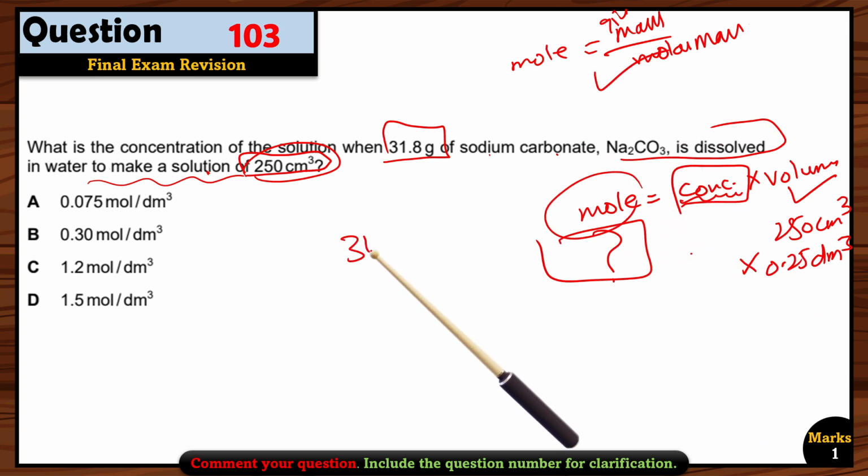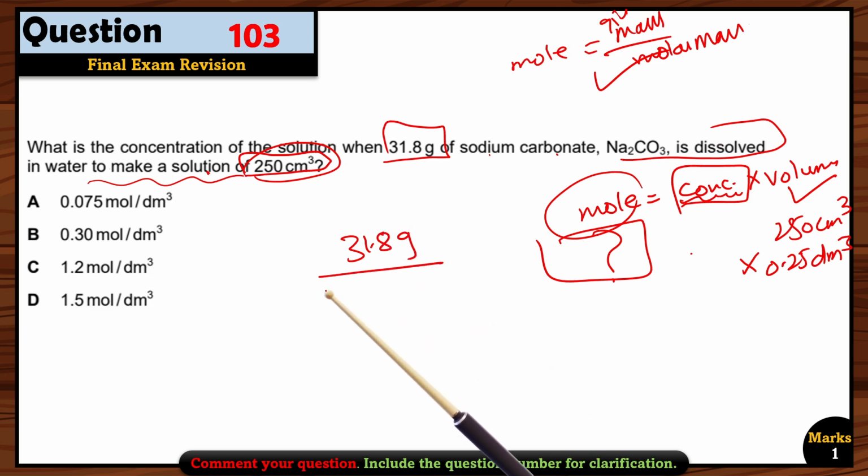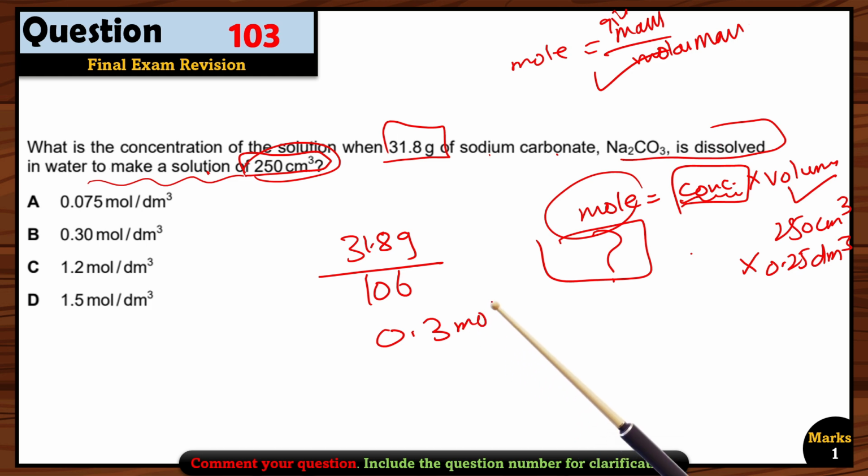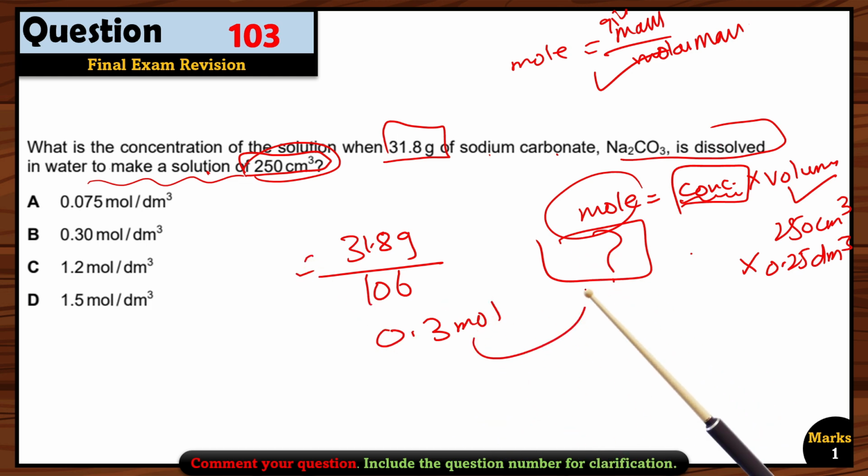Given mass is 31.8 gram, and molar mass for Na2CO3 is how much? We have to calculate this one. For Na2CO3, it's 106, I think. Wait a minute, let me calculate again.